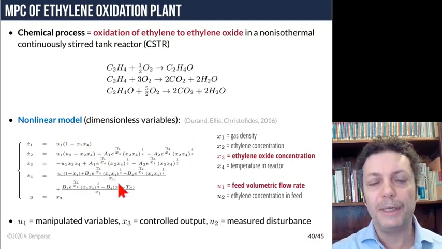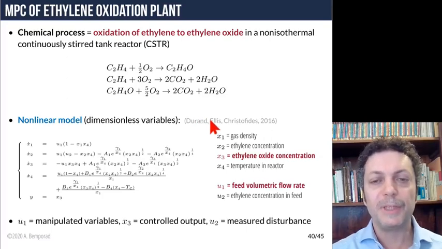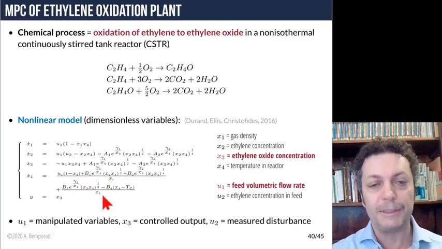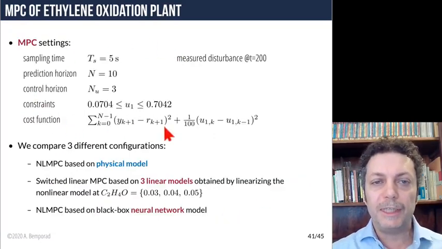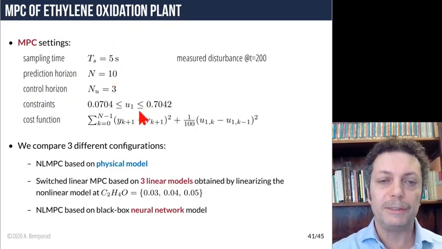So what we have done is to consider an MPC controller based on a switched linear prediction model and on a neural model, and compare it to a nonlinear MPC controller based on the exact physics-based model. So let's say you have designed a nonlinear MPC with this type of sample time, prediction horizon, etc.